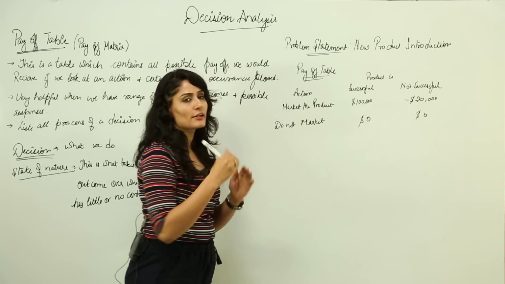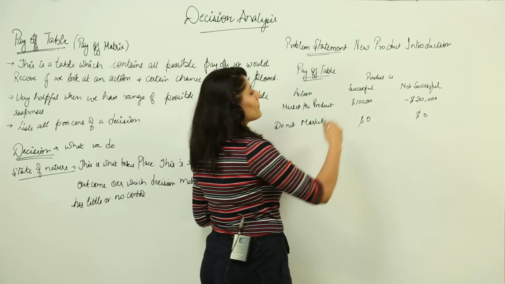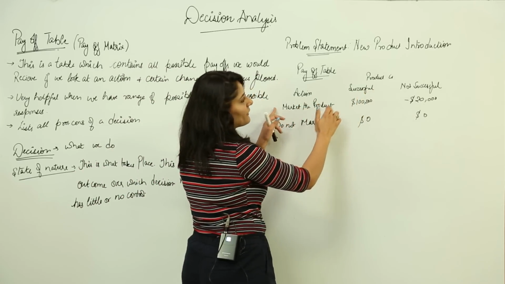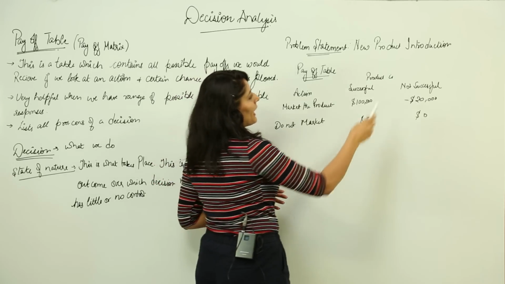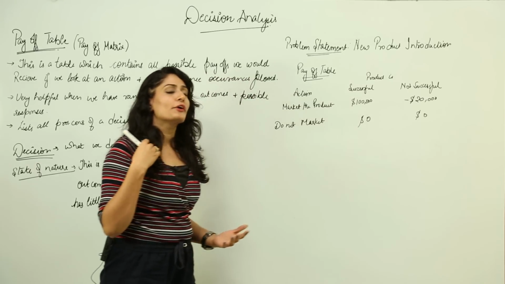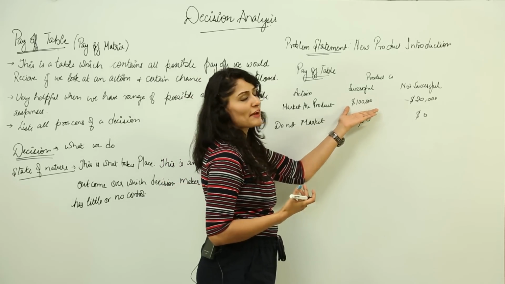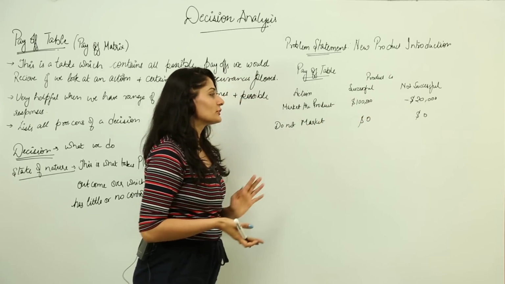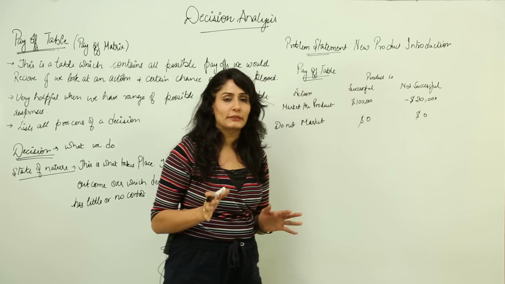The action is either to market the product or not to market the product, and when we take an action, alternative branches come out: either the product would be successful or not successful. As I have already told you, my product manager tells me that if I am successful, my expected value is something like $100,000, and if I am not successful, then I would have to face a loss of $20,000.